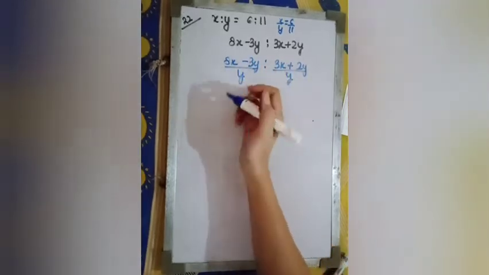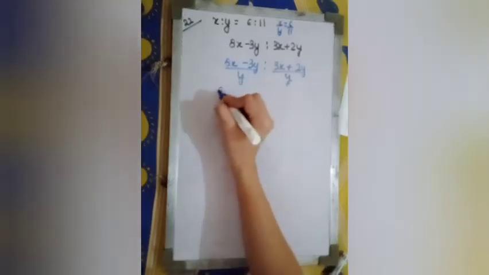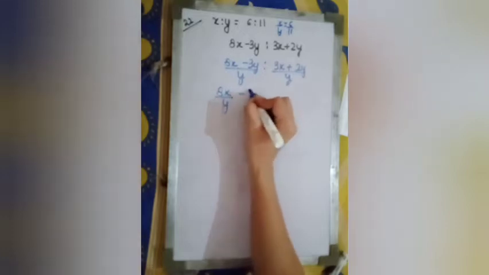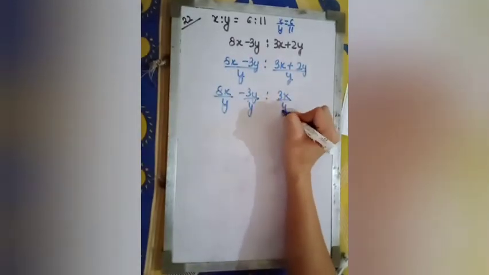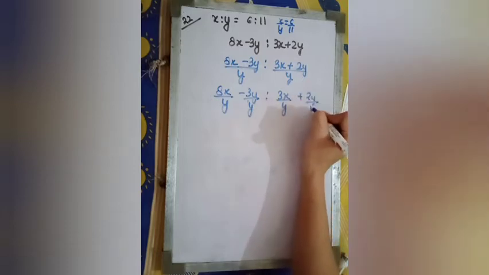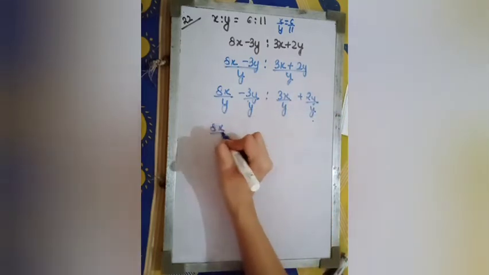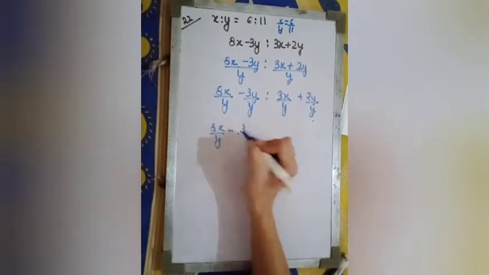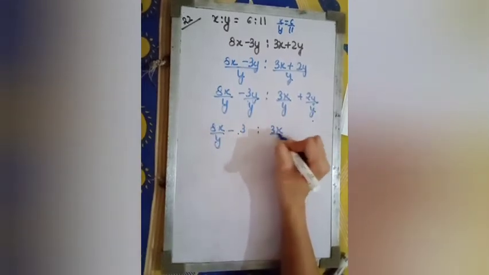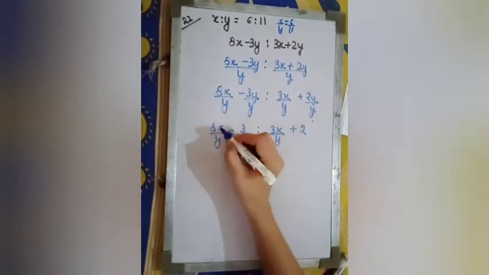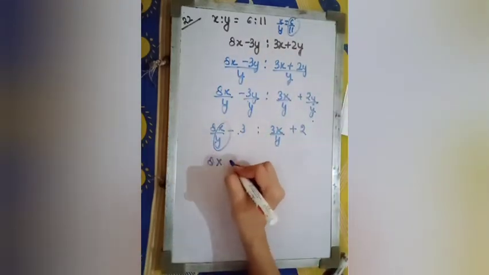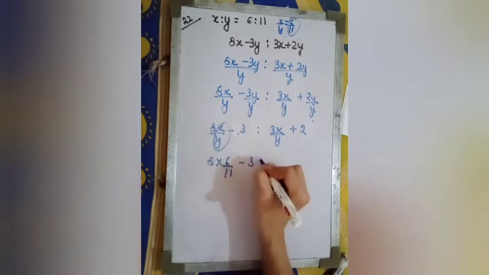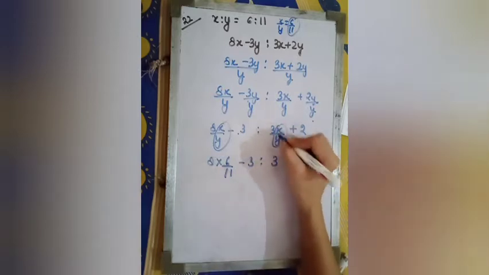How did this come? It is under both, so we can write like this. So it will be 8x/y minus 3x/y plus 2. Now this x/y value is given. So put the value of x/y here and here.